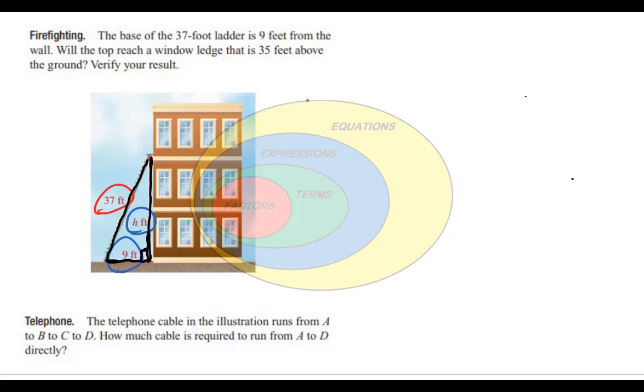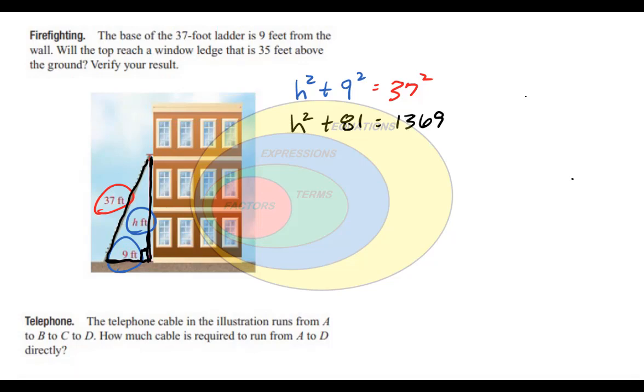So if we plug this into the Pythagorean theorem, h squared plus the base squared, 9 squared, has to equal 37 squared. We want to solve for h squared, so we evaluate: 9 squared is 81, 37 squared is 1,369. Subtracting 81 from both sides, we get h squared equals 1,288.